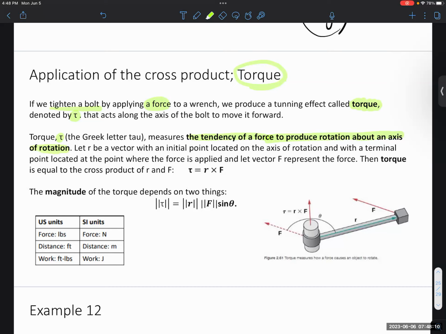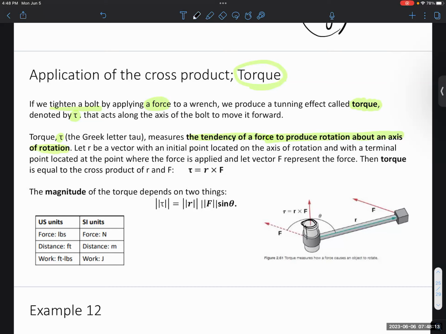Does it make sense? So you have a bolt here. You're trying to make it tight, so you have to have a length of the wrench. And then there's a force. If you multiply the length and the force, that we call torque, and it is going to be R times F. It's not that complicated, right?